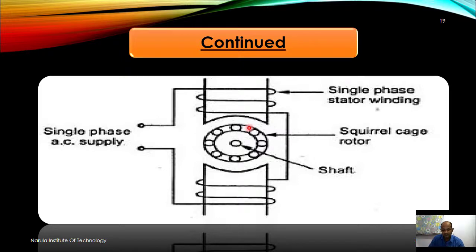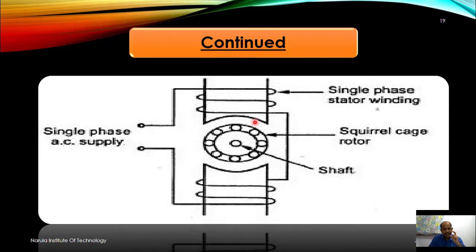And one more thing we should remember, in the case of this stator, this main winding is distributed along the stator periphery, only over 2/3 of the stator periphery, not the whole part.